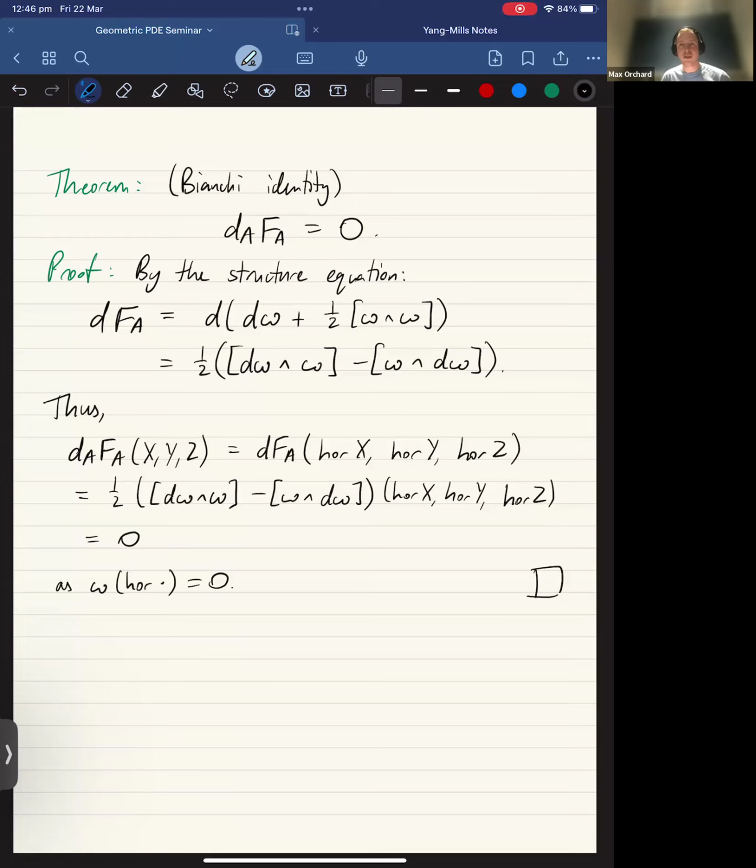However, Yang-Mills theory goes a little bit further than just the Bianchi identity. We're almost there, and we're just about to look at the Yang-Mills equation.